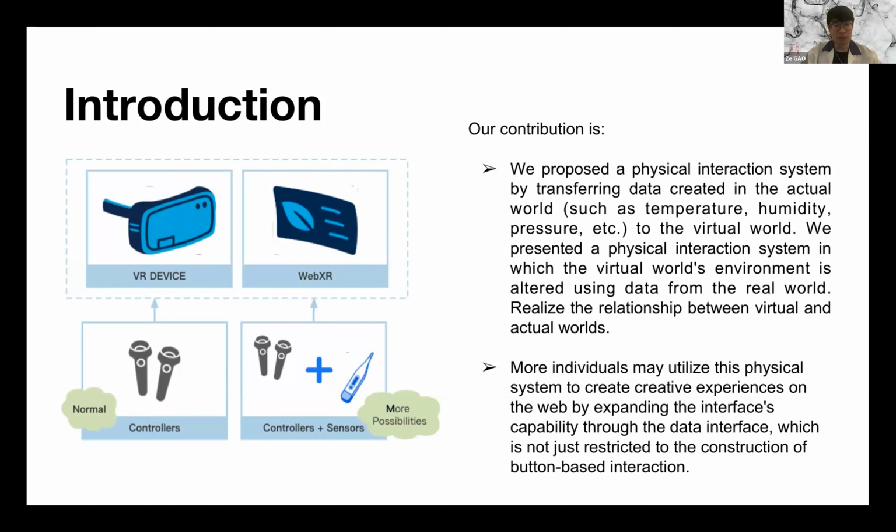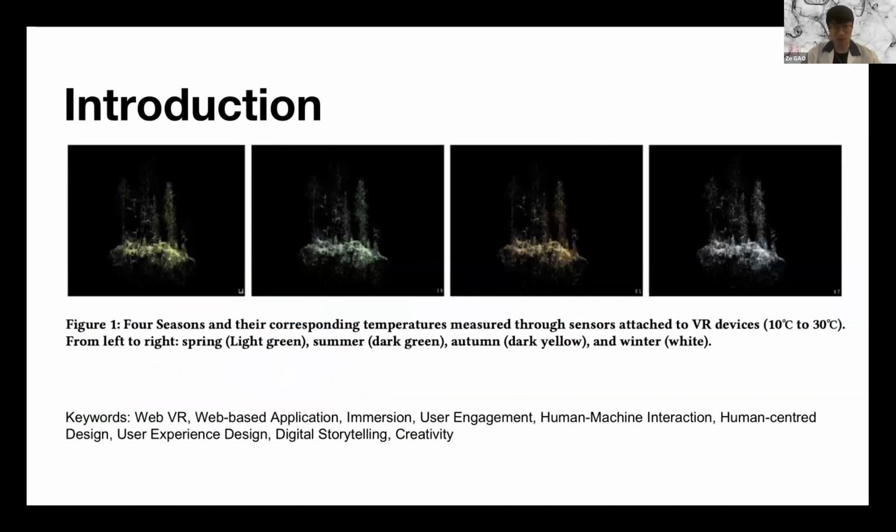So here are example photos, from the left to the right, which show spring, summer, autumn, and winter. There are different temperatures from 10 centigrade to 30 degrees, and this process can change the environment inside the VR headset.